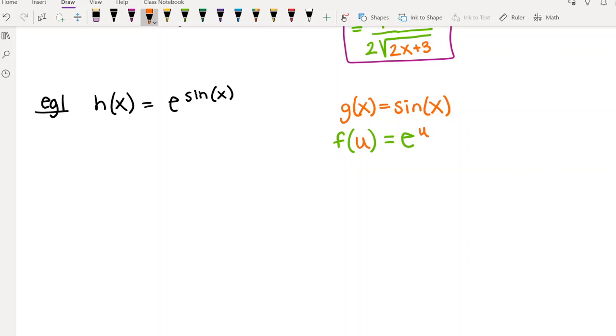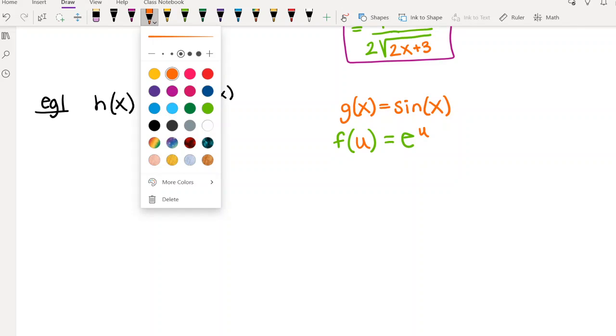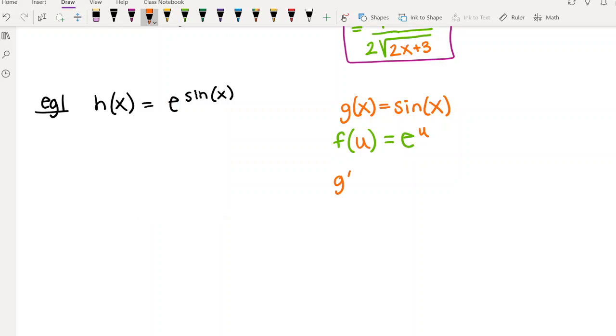So what do we need in order to take this derivative? We need the inside derivative and the outside derivative. The inside derivative is cosine of x. For the outside derivative, first we can do it just with the u inside, and then we can put in what our function actually is.